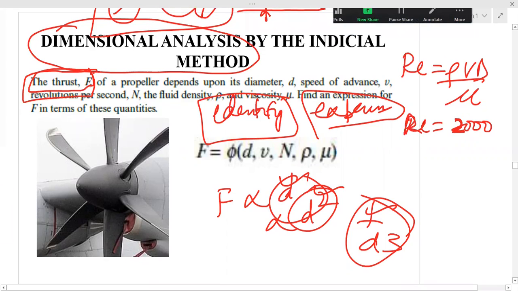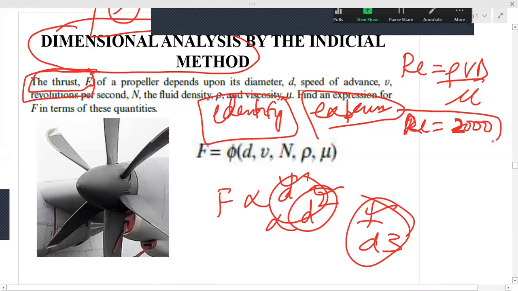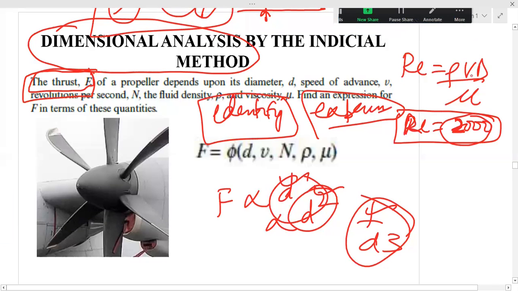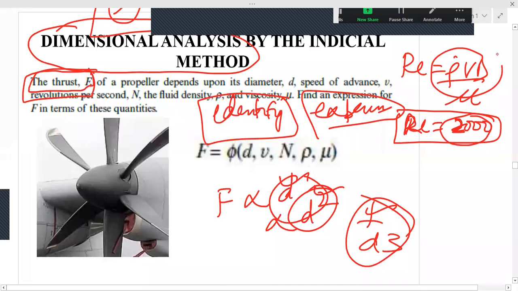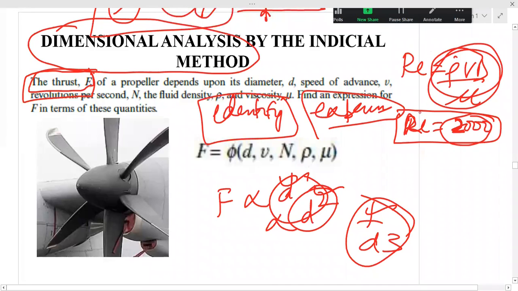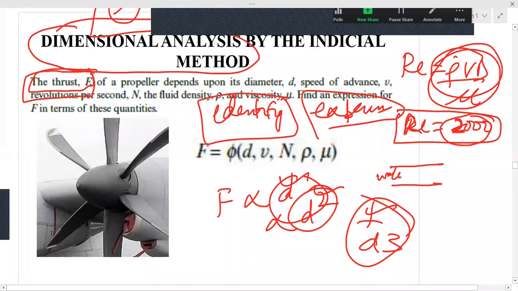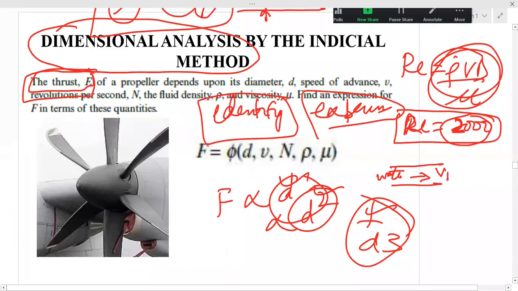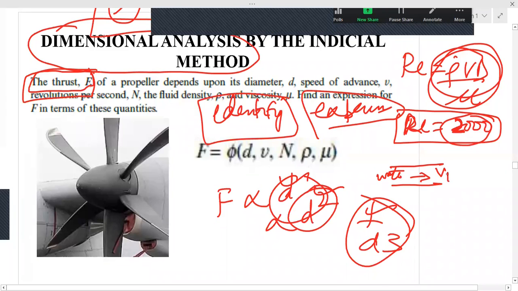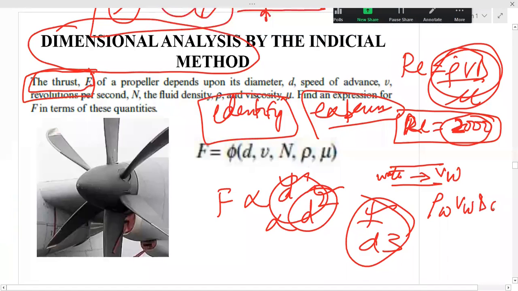But let me know, say Reynolds number is 2000, this value of 2000 you could get by a number of permutation combinations of these. Say you were making water flow in this pipe with some velocity vw, so you know that rho w, vw, the diameter was dw and mu was mu w. So you got some value of 2000.